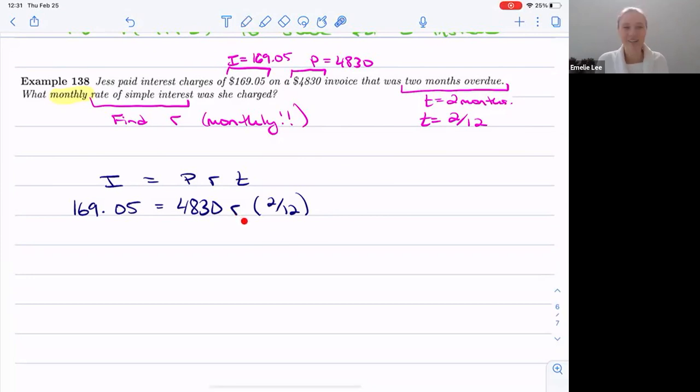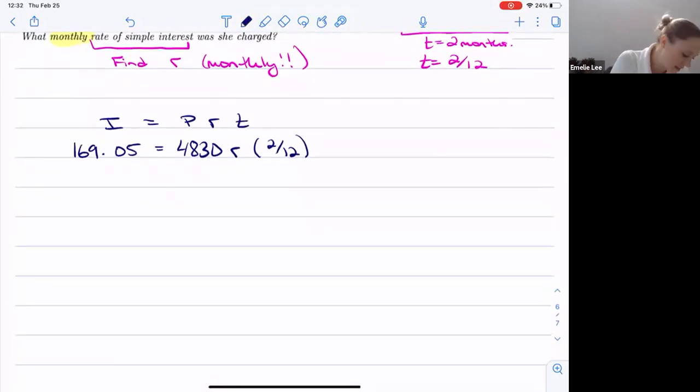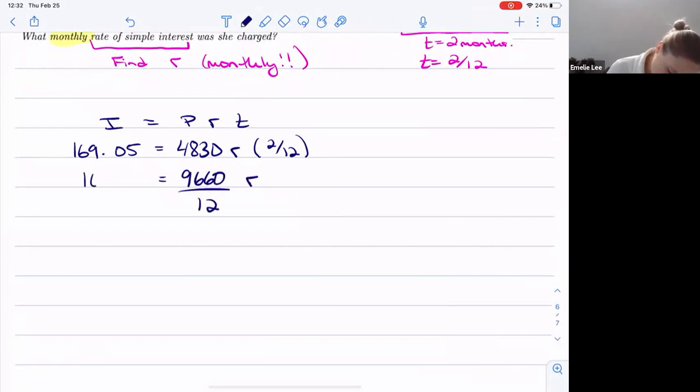Trying to solve for R here, I'm going to simplify, because these are all multiplied together, I can just multiply across. So 48.30 times 2 divided by 12 is how I would simplify this. And so I get 48.30 times 2 is 96.60 over 12, times R is 169.05.